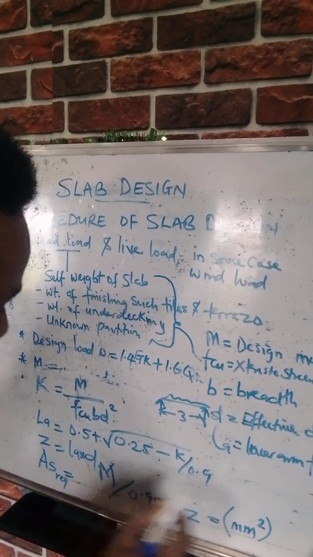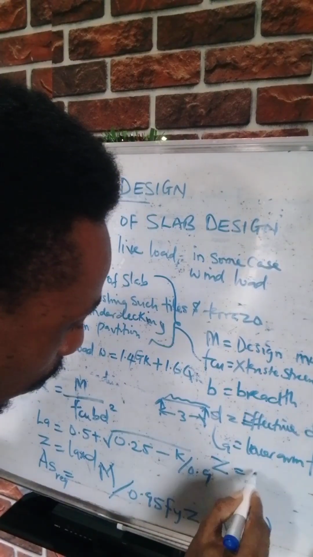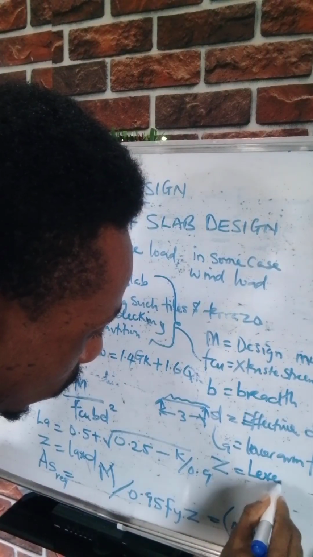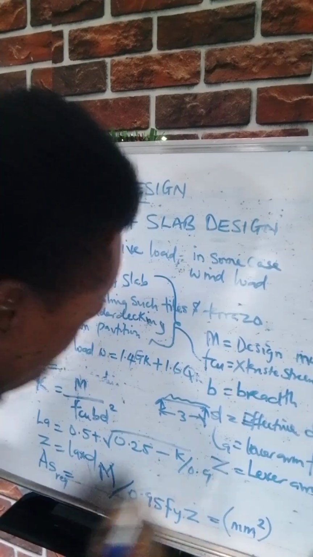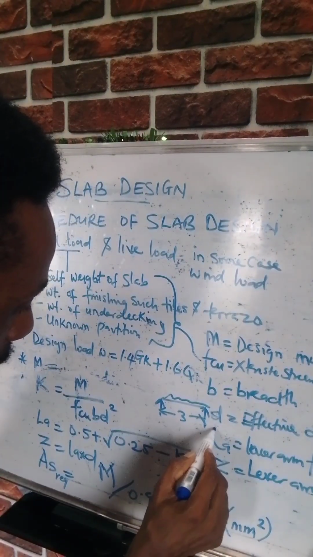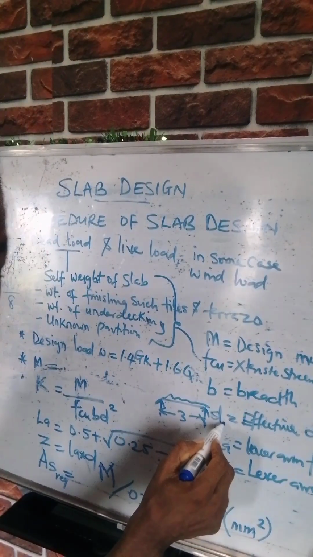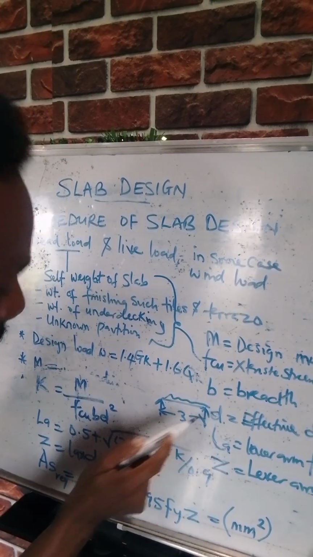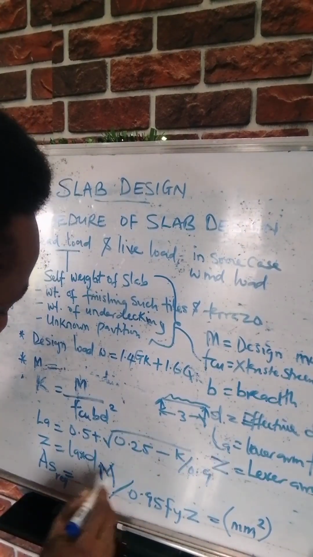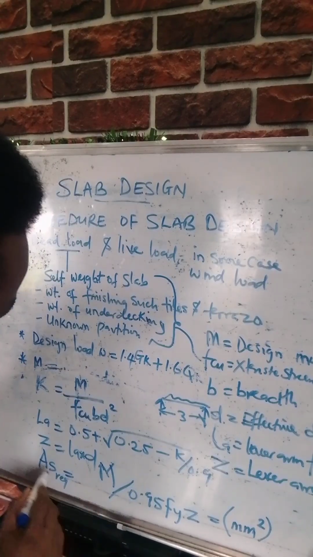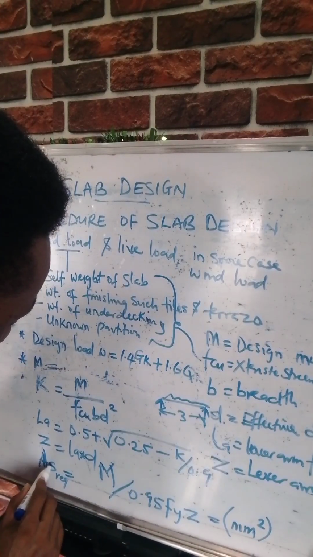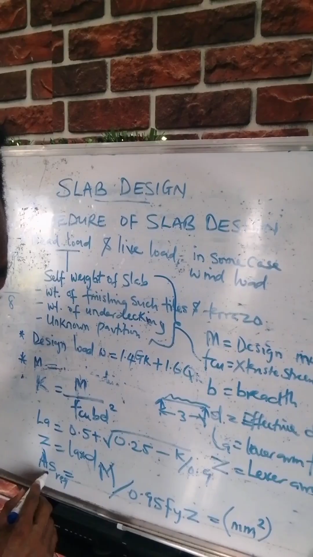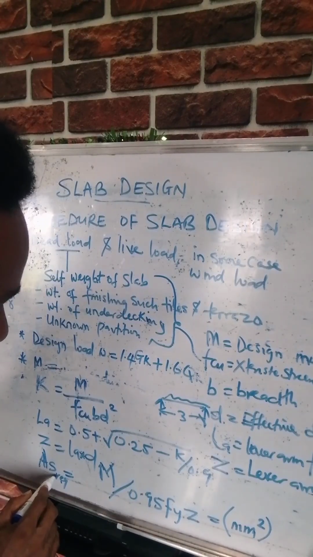For you now to calculate your Z, which is your lever arm, you have to multiply your LA by your effective depth. So whatever it gives you, you bring it down to your area of steel required, AS required.